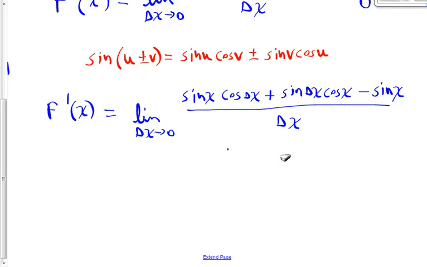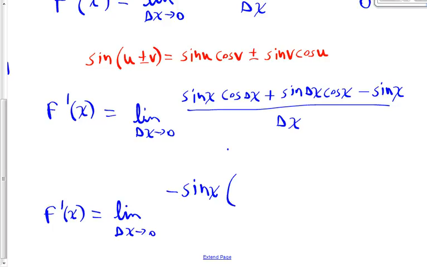And what I'm going to do is factor out the common factor sine x out of this term and this term. And I'm actually going to factor out a negative sine x. So f prime of x is equal to the limit as delta x approaches 0. If I factor it out of this term here, I'm going to be left with a positive 1.